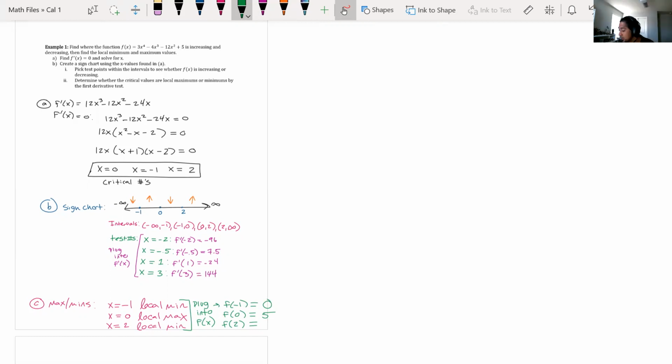That's 48. So that's minus 48 plus 5. And you get negative 27. Yay, there you go. And those are the exact locations of your maximums and minimums on the original function. Okay, any questions on that?